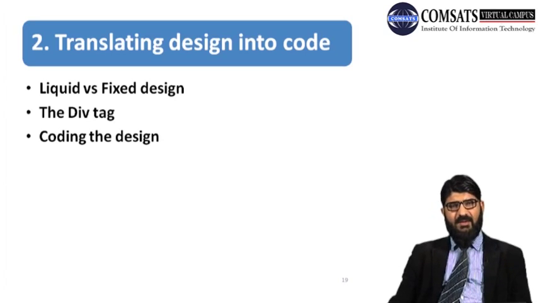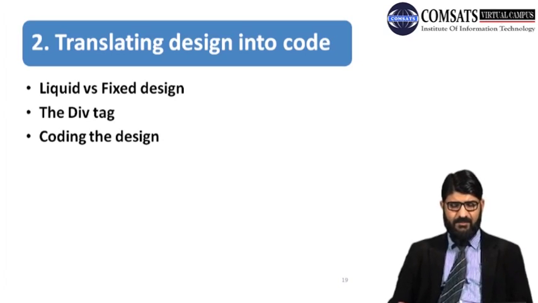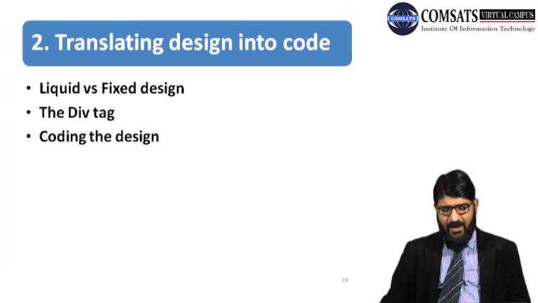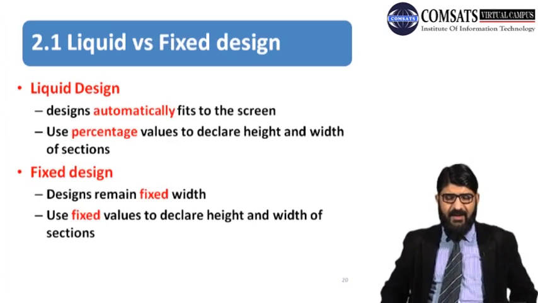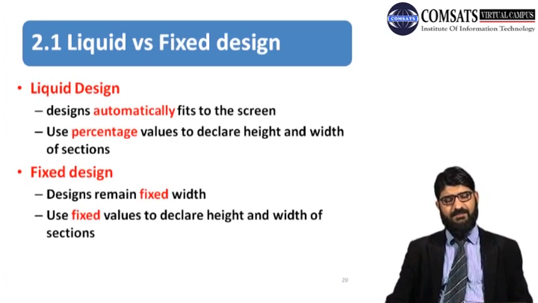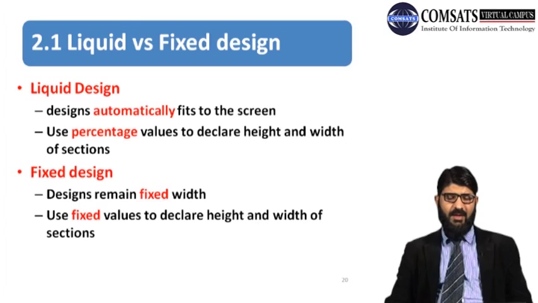The second one is the div tag, and we will discuss the div tag in detail. The third one is coding the design. So let's consider the first one, that is the liquid design.